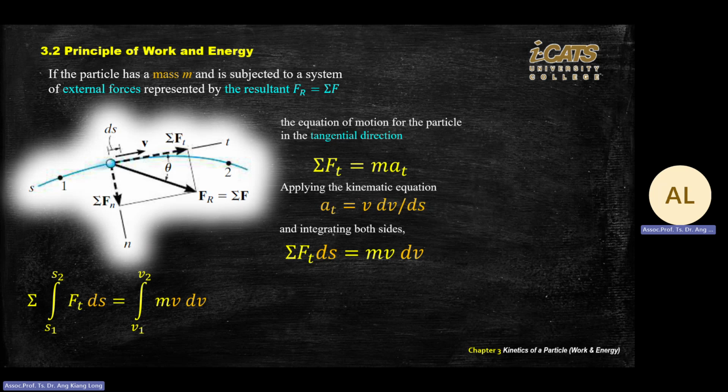You're integrating v, so v squared divided by 2. Substituting the values in, you get the integral of F ds equals half mv2 squared minus half mv1 squared. And you know that this form is kinetic energy.